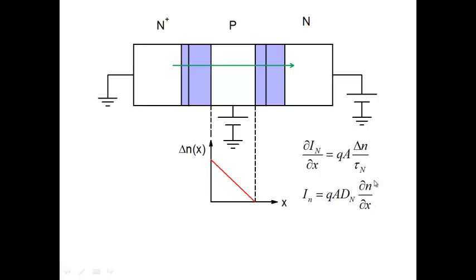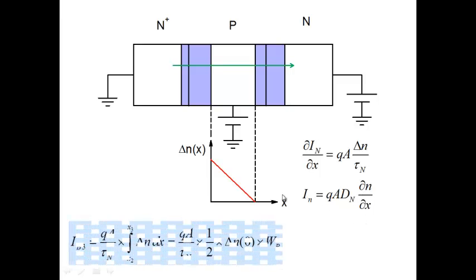To calculate the electron density profile, I can assume IN to be constant to get delta N of X. Why? Because the recombination is very small, and if recombination is very small, then IN is practically constant here, and therefore del N by del X is constant here.